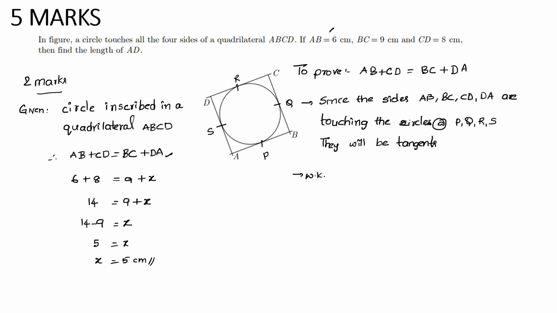So therefore, we know that from Theorem 10.2, two tangents drawn from an external point are always equal in length.